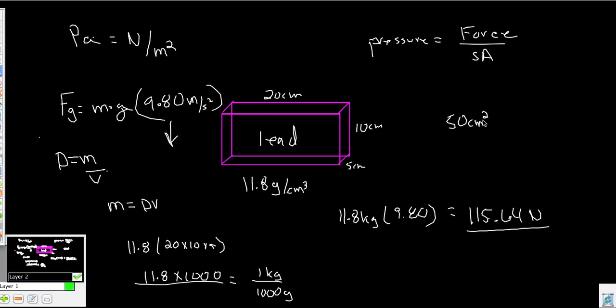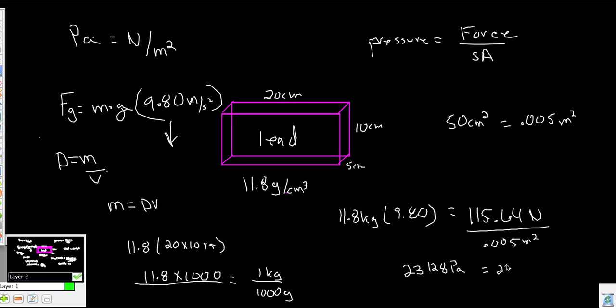So square centimeters to square meters, we're going to basically be dividing by 100 twice, because centimeters to meters would be 100 two times, so it's going to equal 0.005 square meters. So if I go ahead and divide this out, I'm going to get 23,128 pascals.